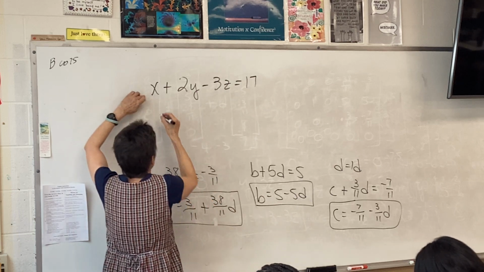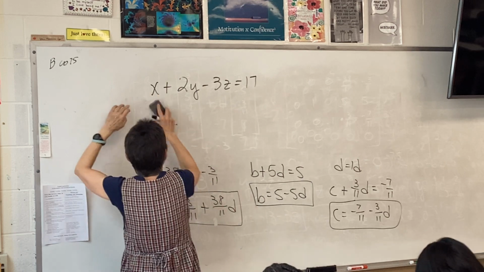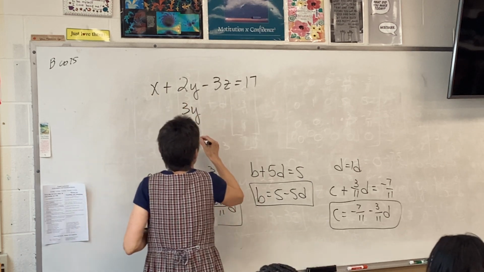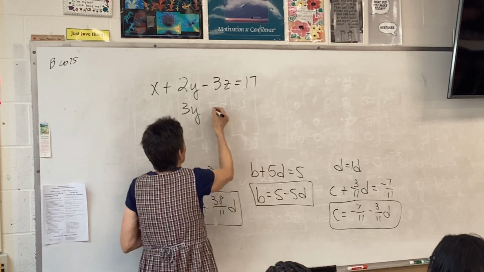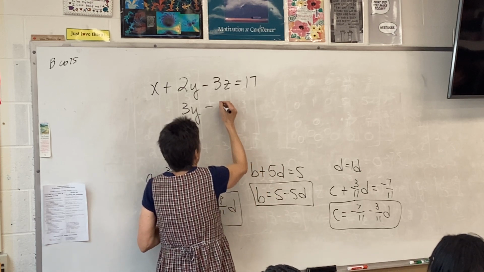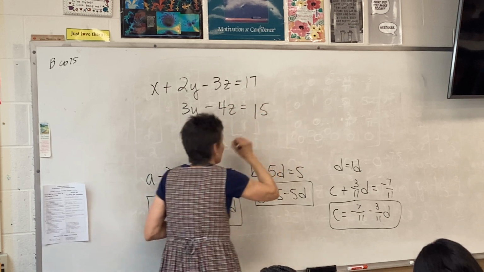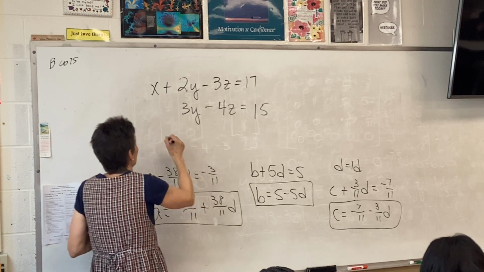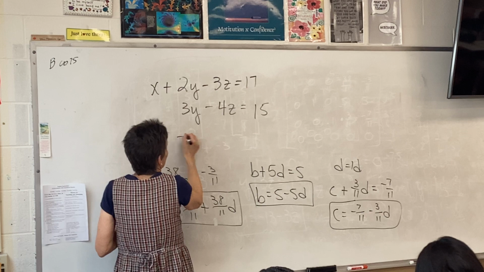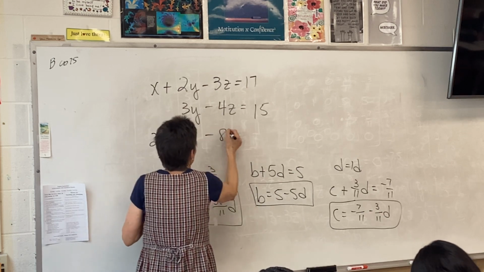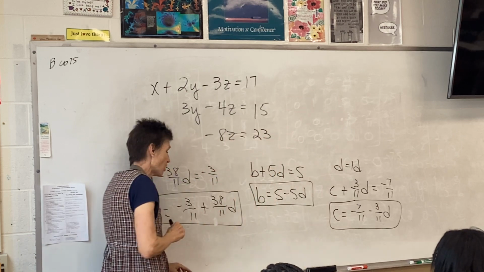Eli, give me another one. 3y minus 4z equals 15. All right, and I need one more, let's get it from Kara. 2x minus 8z equals 23. All right, here's our system, let's solve it.